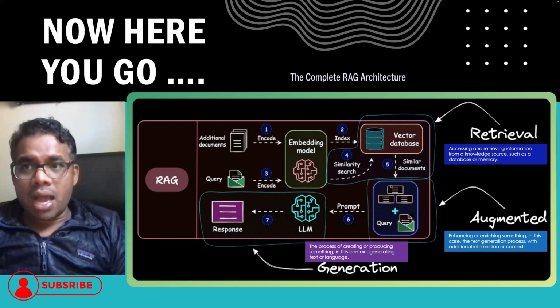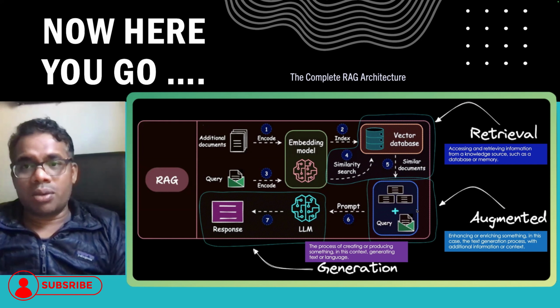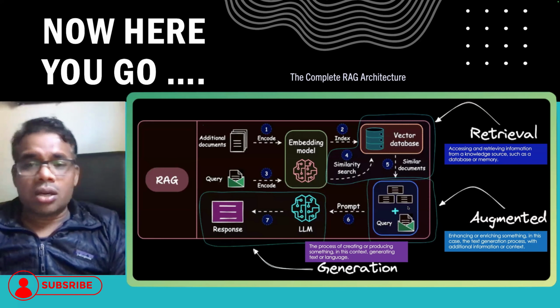Once it is matched, it will get the related neighbor information stored in the data store that we already talked about in our previous slide.